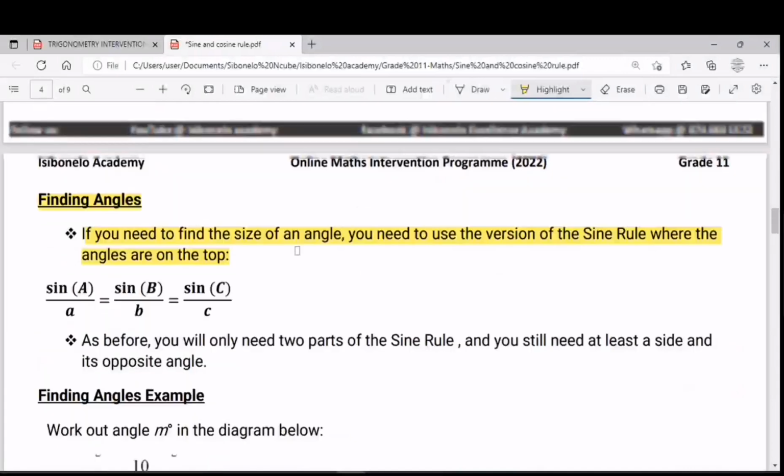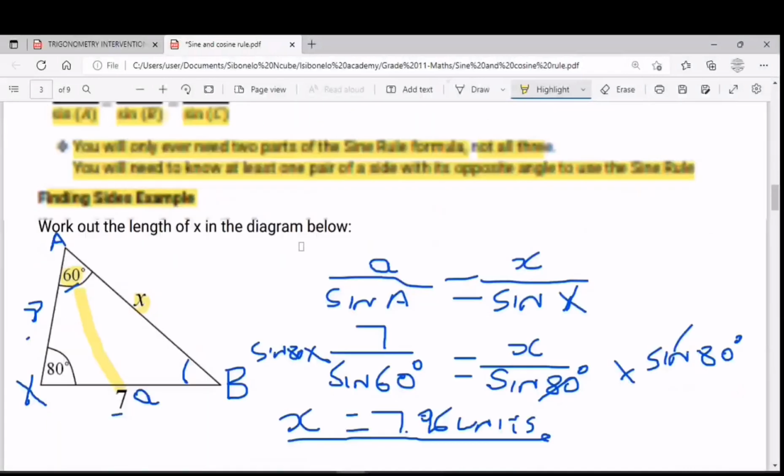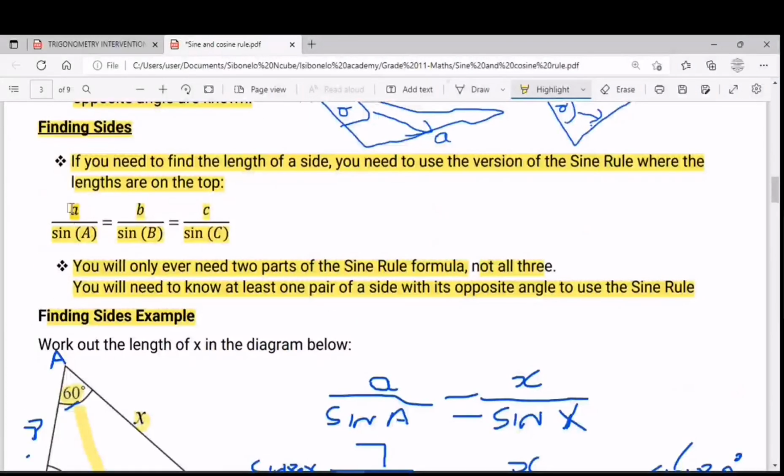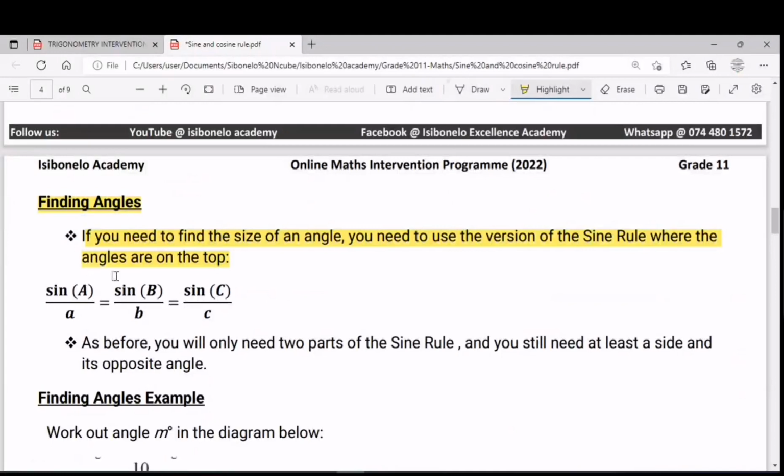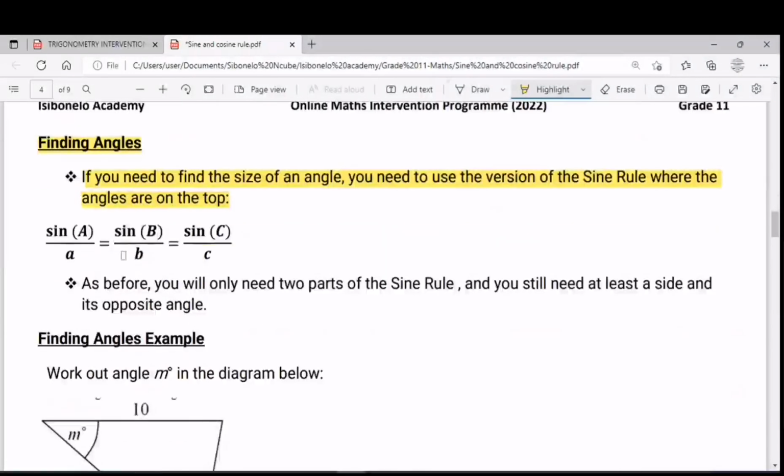So you see the difference. When we want the side, we use the version of the formula where the lengths are on top, the numerator. But when we want the angles, the angles are the numerator, so A, B and C are at the bottom. This is the correct version of the formula we use if we want to find the angle.